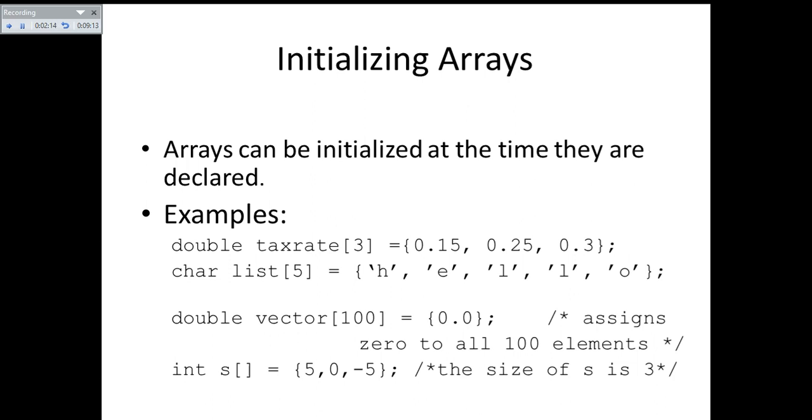Although we have not specified the size here, in this case the compiler will calculate the size of this particular array. The name of the array is s, and since it is initialized with 3 elements, the size will be calculated and it will become 3.